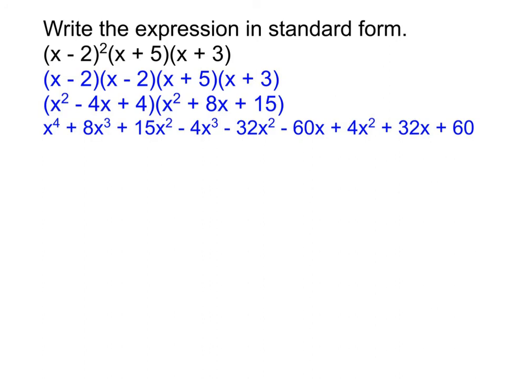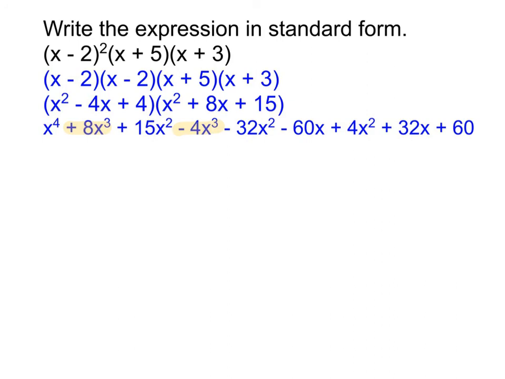So as I look at that long list of numbers, I am basically looking for any like terms that might have come up. The x to the fourth, there's no other x to the fourth. X cubed, I do have multiple x cubed, so I have this 8x cubed here, got that x cubed, so I can combine those two.